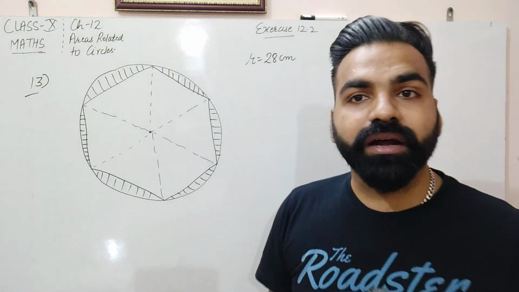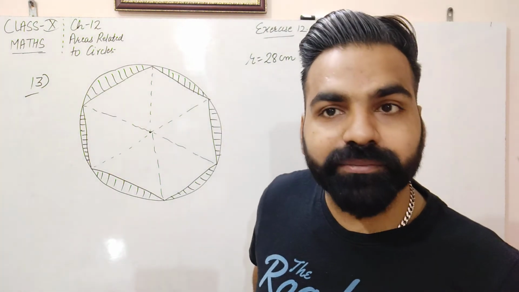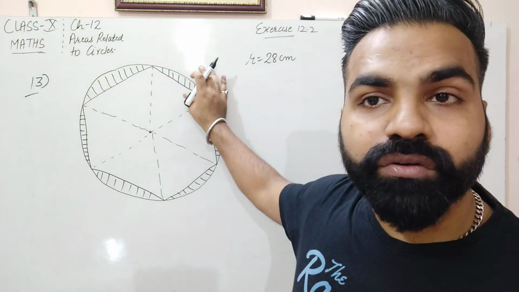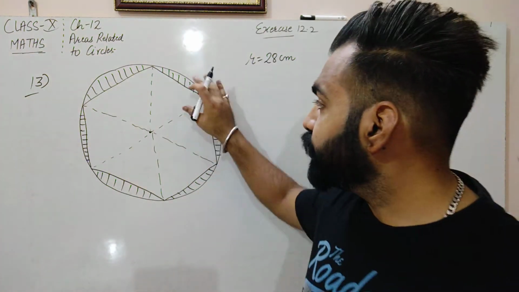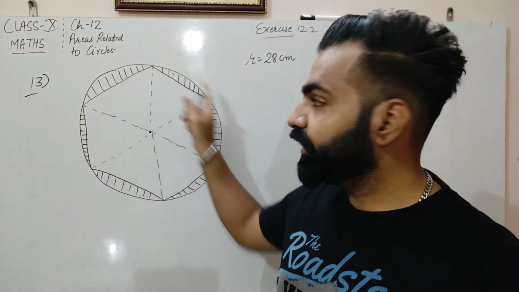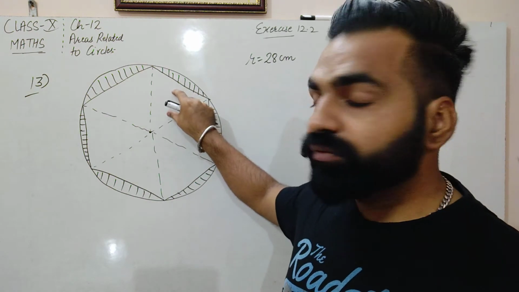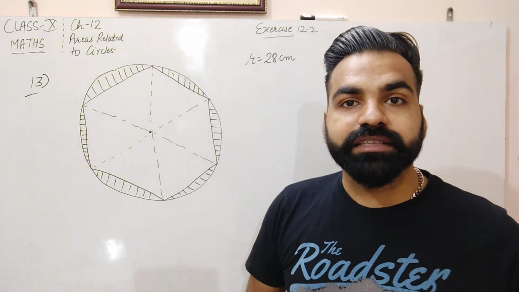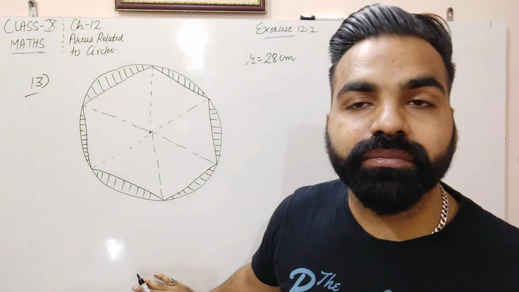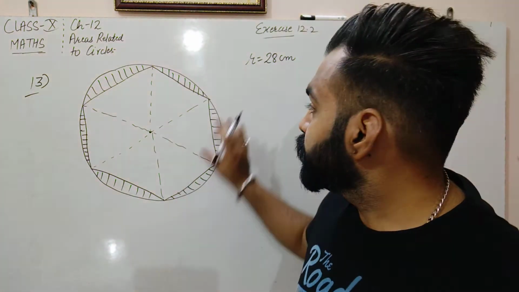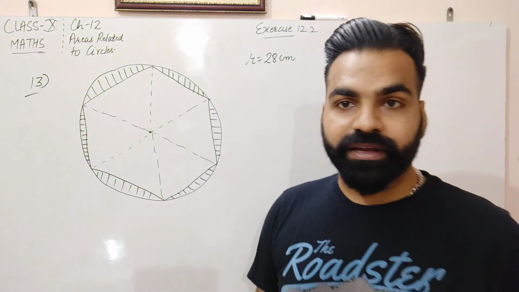So each shaded part, that means the design part, is in the form of a minor segment. So we need to find the total area of the design. So we can find the area of one minor segment, and later multiply it by 6. So we will first find the area of minor segment.